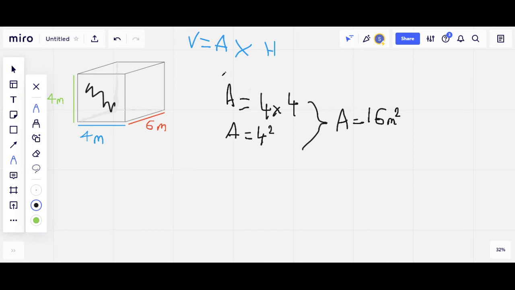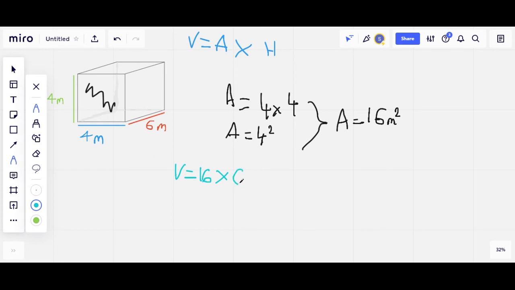From here, we can substitute this value into our volume formula. Go back to our blue for our volume. So V is equal to 16 multiplied by our height, which is our perpendicular height, which is 6 meters squared.